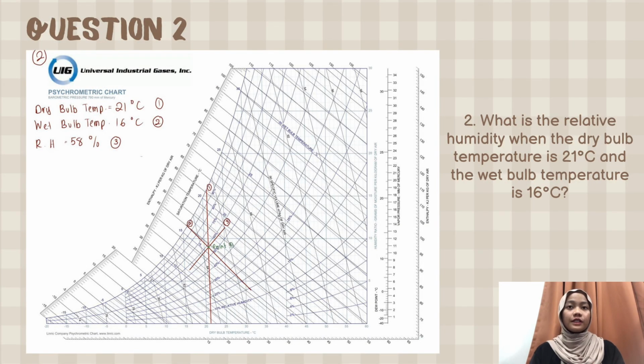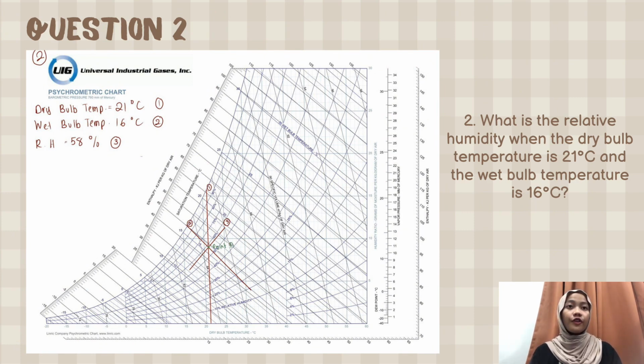Next, the second question: what is the relative humidity when the dry bulb temperature is 21 Celsius and the wet bulb temperature is 16 Celsius? First, draw a straight line on the dry bulb temperature for 21 Celsius. Next, mark the point at 16 Celsius for wet bulb temperature or saturation temperature.